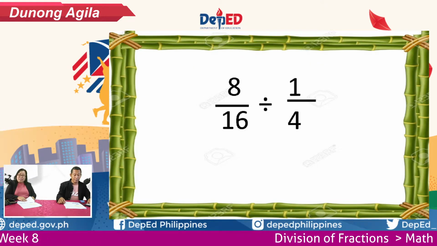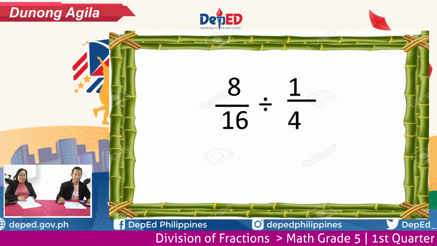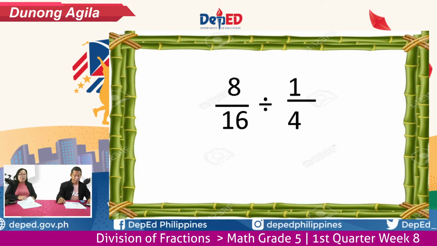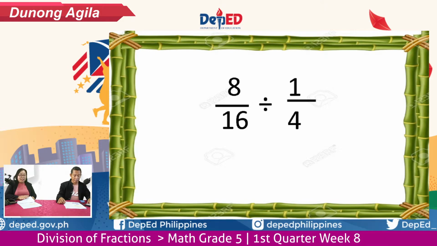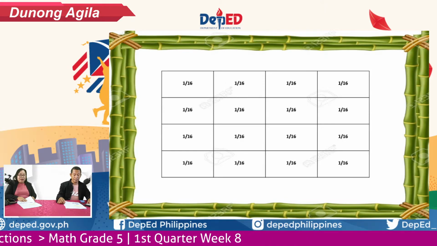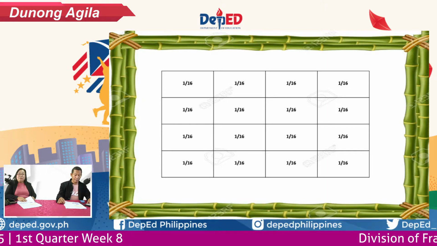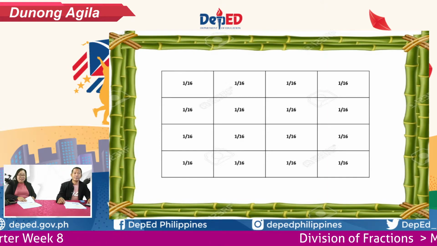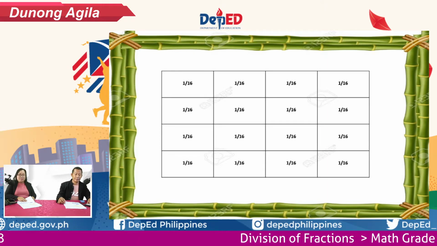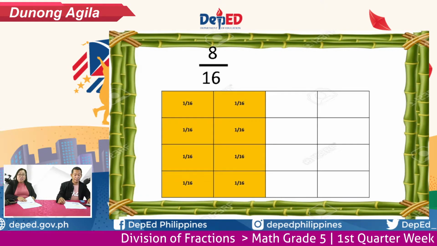Let's try to consider this one. 8/16 divided by 1/4. So using the fraction chart or the strips, the first fraction should be divided and illustrated like this. The whole is divided into 16 equal parts. Okay? And consider 8 only to be shaded.